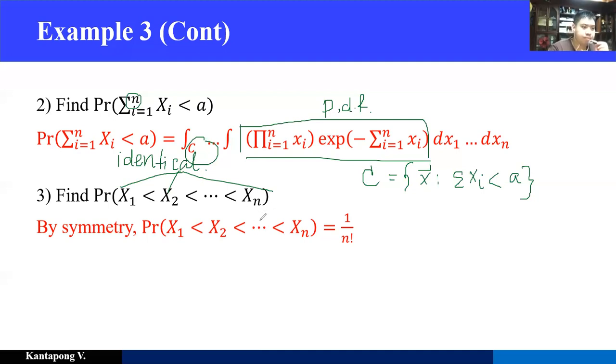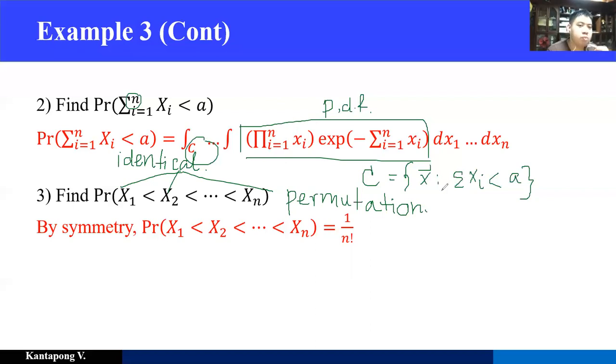So the probability that x1 is less than x2 up to xn is just what we call a permutation problem.